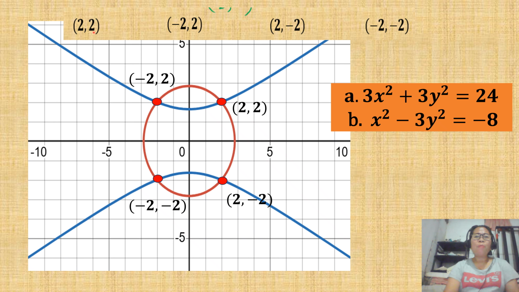So the four solutions to the system using elimination can be found as the points of intersection of the ellipse and hyperbola. At the same time, we have the 4 points of intersection of the two graphs.